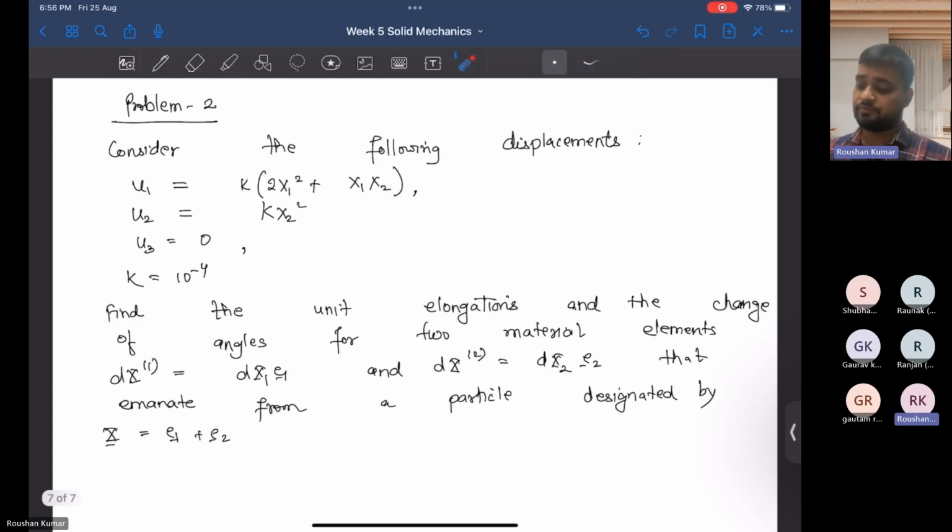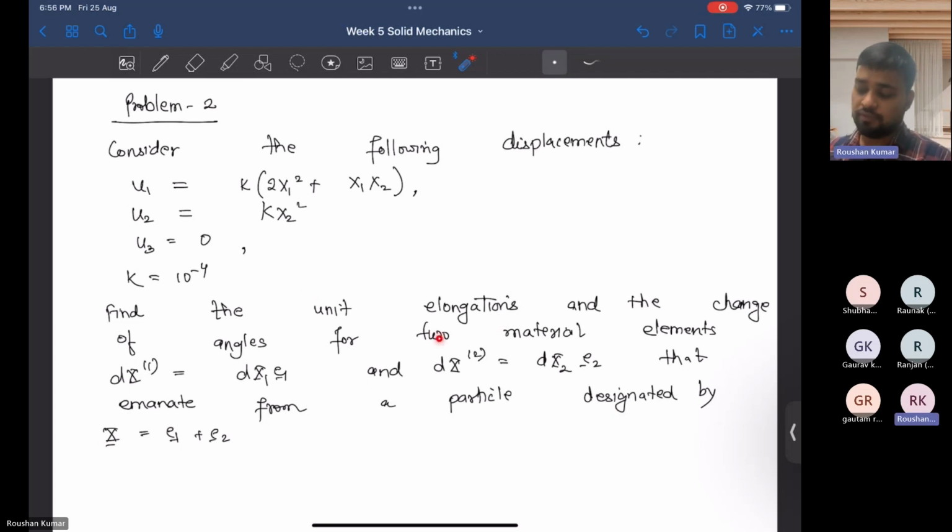So the question is, consider the following displacements where u1 is equal to k times 2x1 square plus x1 x2, u2 is k times x2 square, and u3 is equal to 0, where k is equal to 10 to the power minus 4 unit. The question is, find the unit elongations and the change of angle for two material elements, the first material element dx1 e1, and the second material element dx2 e2, that emanate from a particle designated by x equal to e1 plus e2.